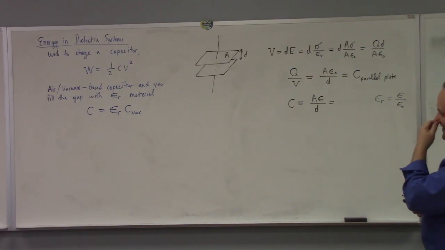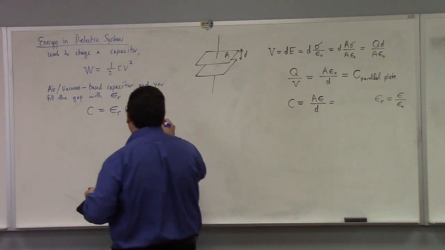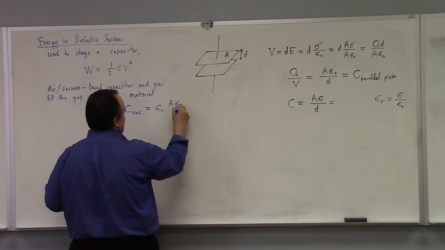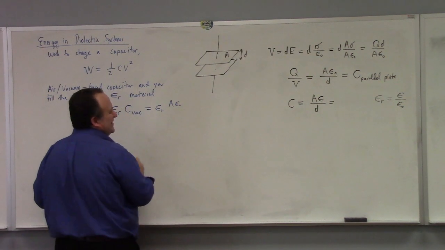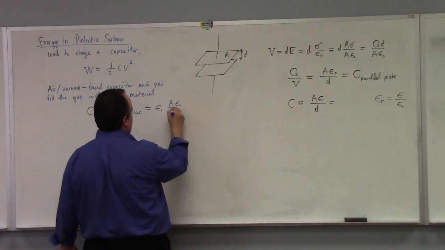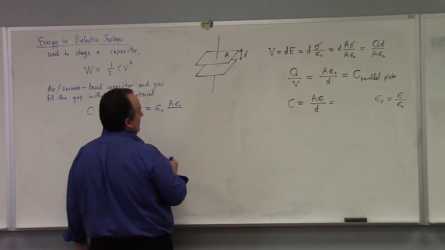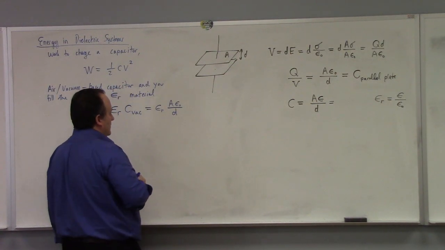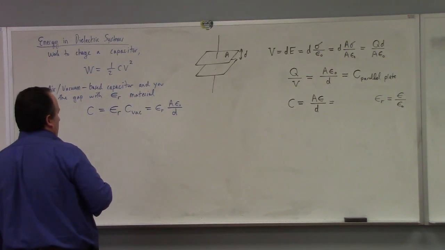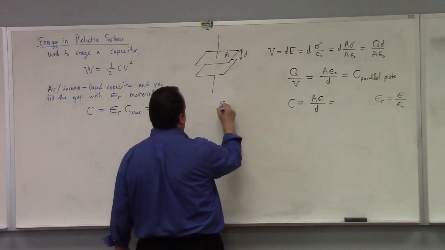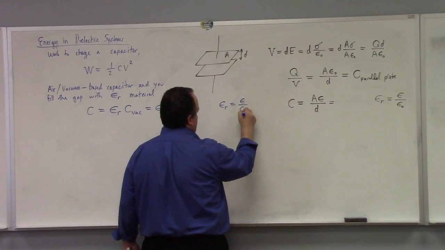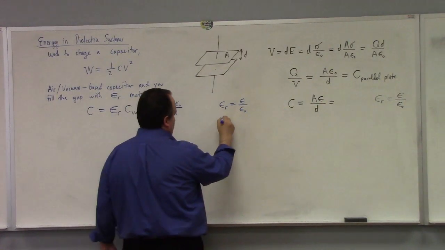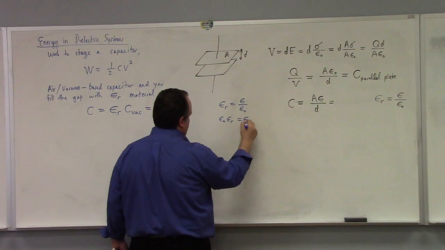If that's epsilon, working backwards here, A epsilon naught over D. Did I do that right? Yeah. Okay. I guess epsilon r must be epsilon divided by epsilon naught then, because then epsilon naught times epsilon r is equal to epsilon.